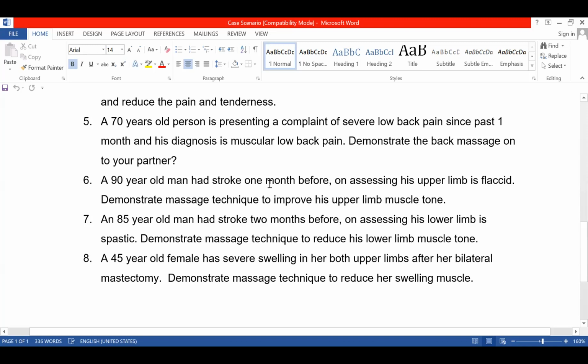First, we position the patient in prone lying, and then we apply the lubricant. And then first we apply effleurage 3 times to the back, to the lower back, and then we apply the circular kneading.